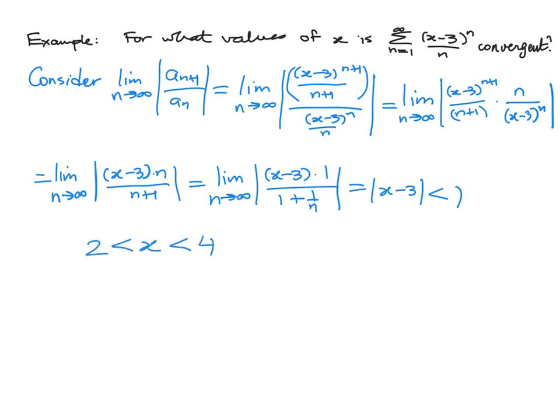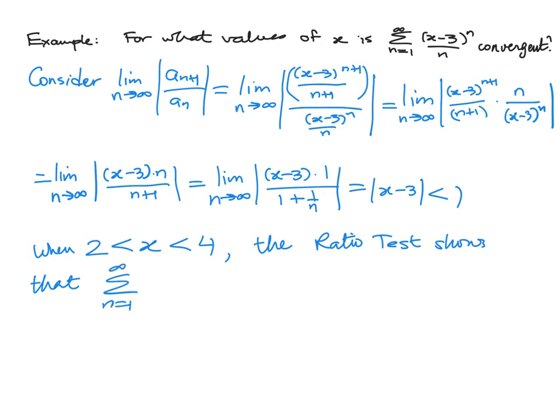However, this is true when 2 is less than x less than 4, the ratio test shows that the sum from n equals 1 to infinity of x minus 3 to the n over n converges.